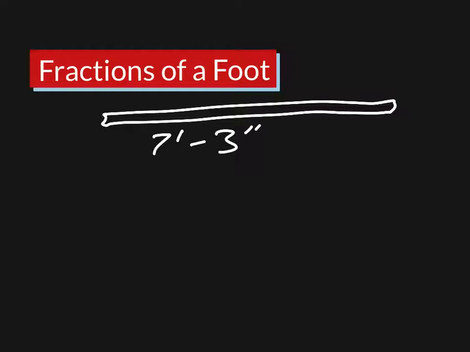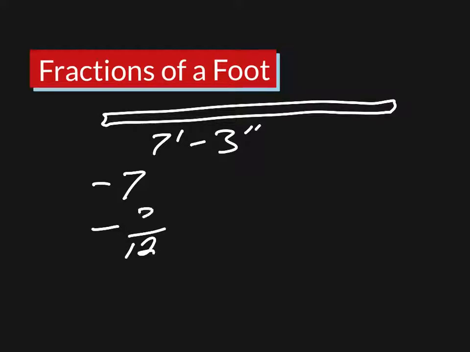So we want to convert that into only feet rather than feet and inches. And we're going to use a fraction to do that. So we already know that there's 7 whole feet because 7 is the whole number. And now we're going to make a fraction out of 3 inches. Convert that into a fraction of a foot. Well, we know that 12 inches makes up 1 whole foot.